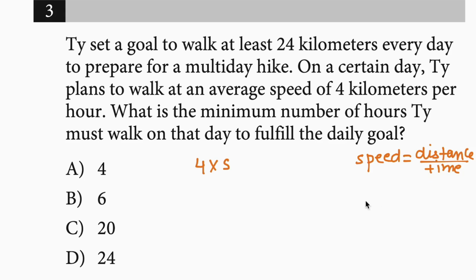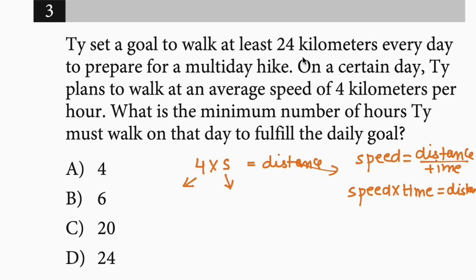If we multiply by time on both sides, it becomes speed times time is equal to distance, because it's about at least 24 kilometers every day. So if he walks 4 kilometers per hour for s hours, that is the distance traveled. Now what should be the minimum distance? 24. Yes, you can do more than that, but 24 is the minimum.